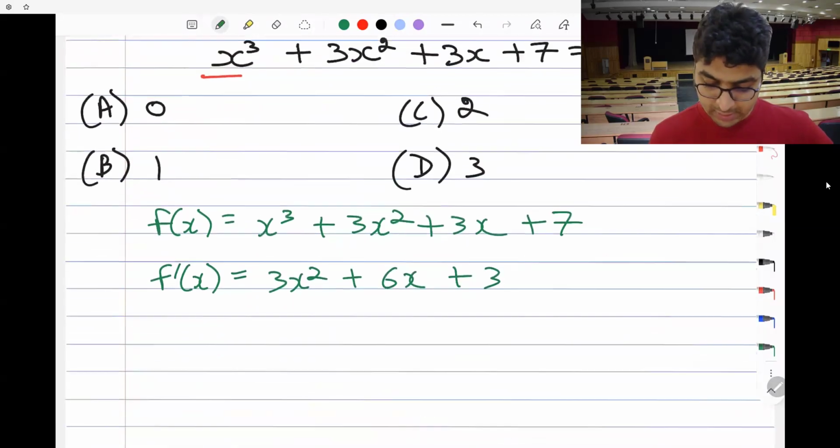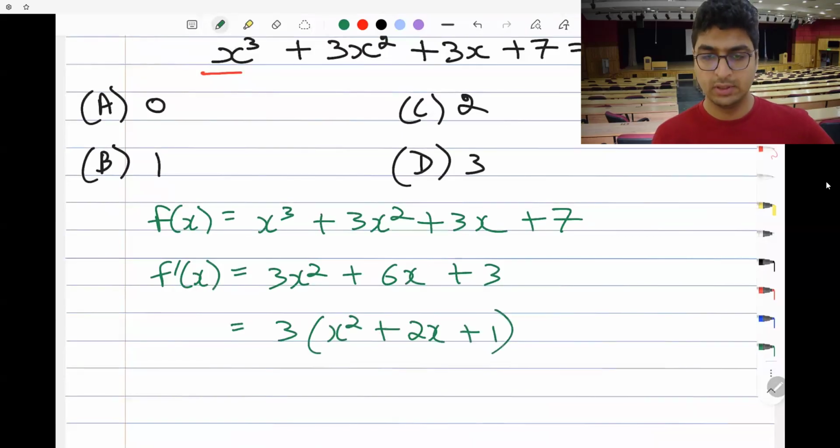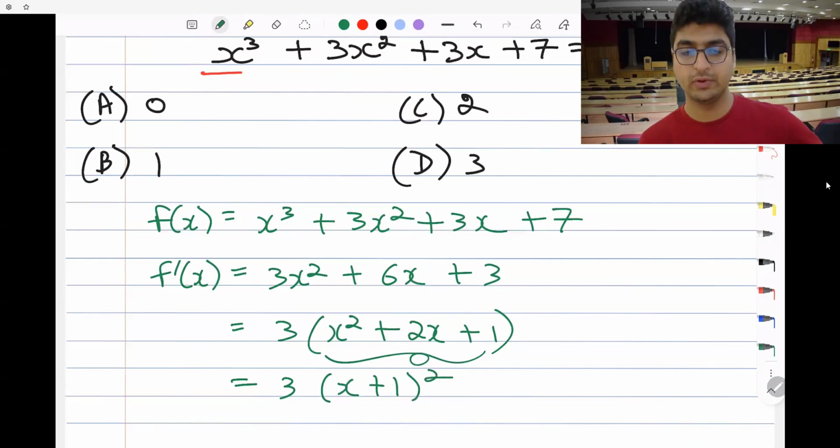Okay. And so I can take 3 common. So x square plus 2x plus 1. Well, this is nothing but x plus 1 whole squared. Okay, so 3 will always be positive. This is always positive.